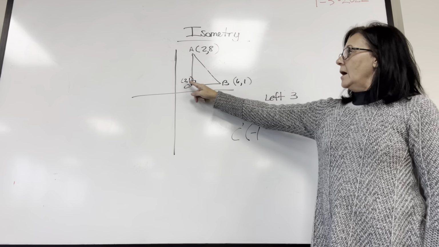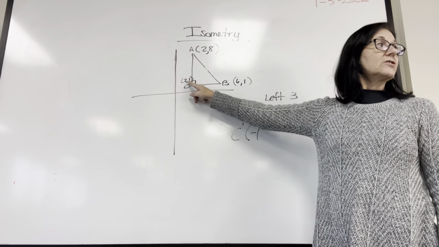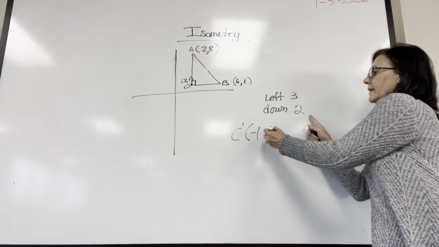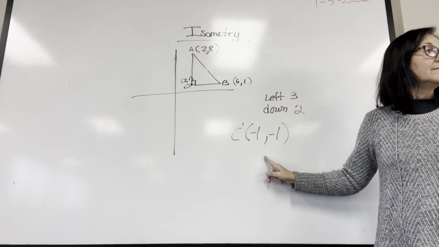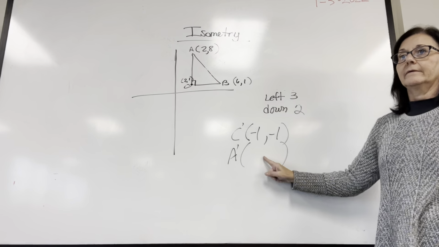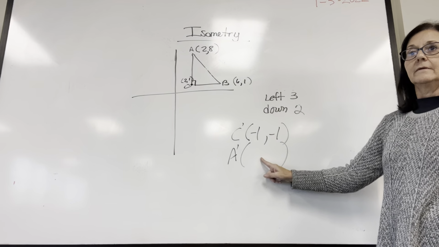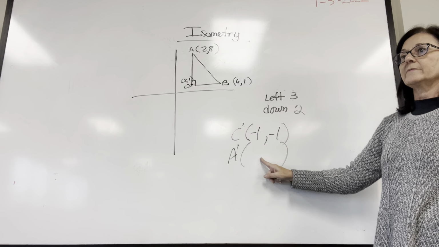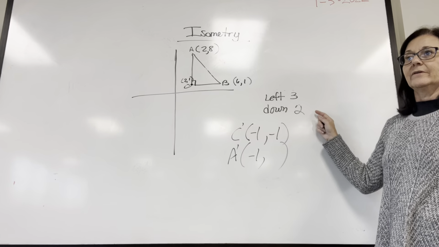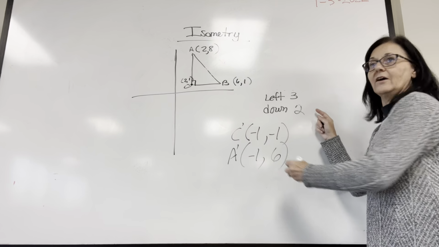My Y value goes up or down. So what's going to be my new Y value? -1. Okay, what's going to be my new A coordinate? What's the X value going to be, Isabella? -1. What's going to be my Y value? 6. Are you getting this?